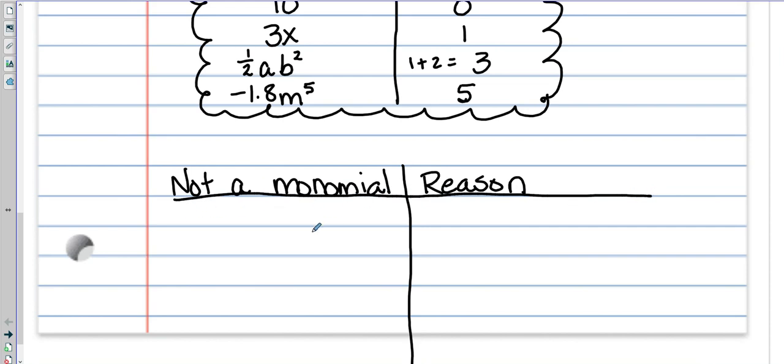Okay, so this is not a monomial. For example, 5 plus x. And the reason why it's not a monomial is because a sum, remember, anytime you have addition or subtraction, then it's not a monomial. So right here we're going to put a sum is not a monomial.